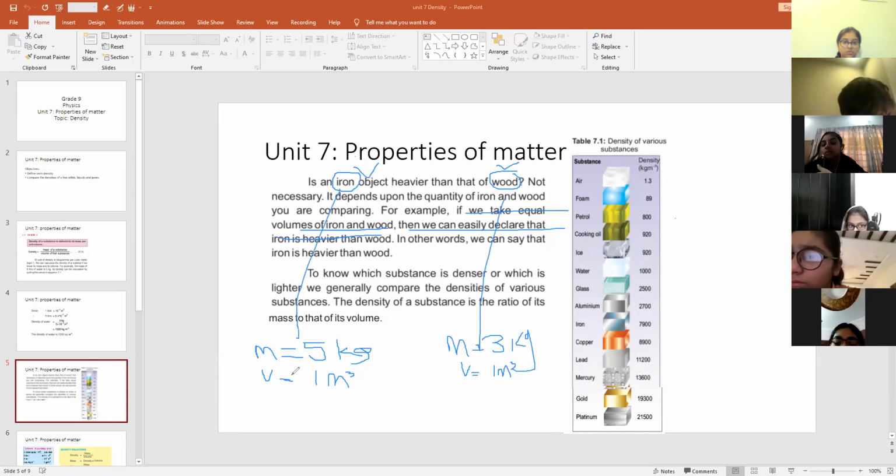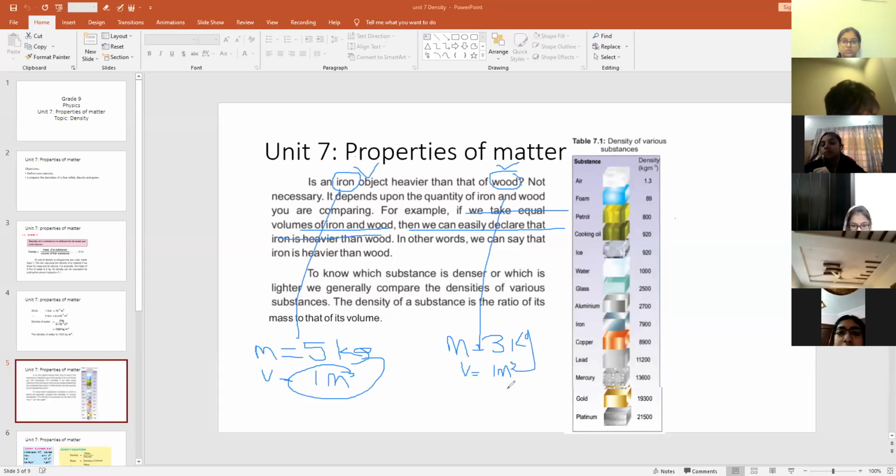So if the volumes are the same, we can easily declare that the iron is more dense as compared to the wood. Or if we change the value, let's say I put the volume of iron as 2 meter cube, and I keep the volume of wood as 1 meter cube, then the wood might be more dense than the iron.